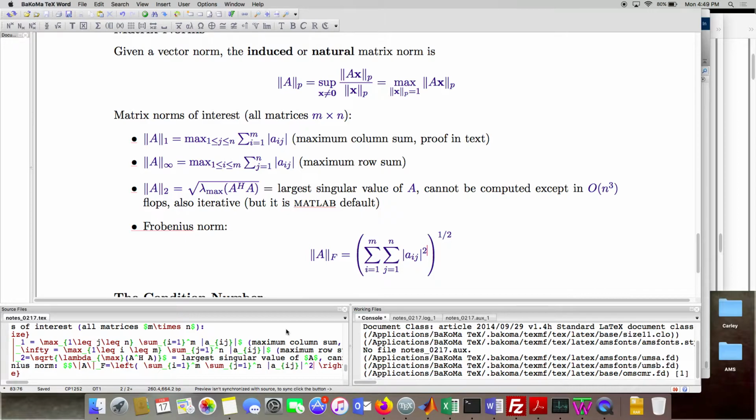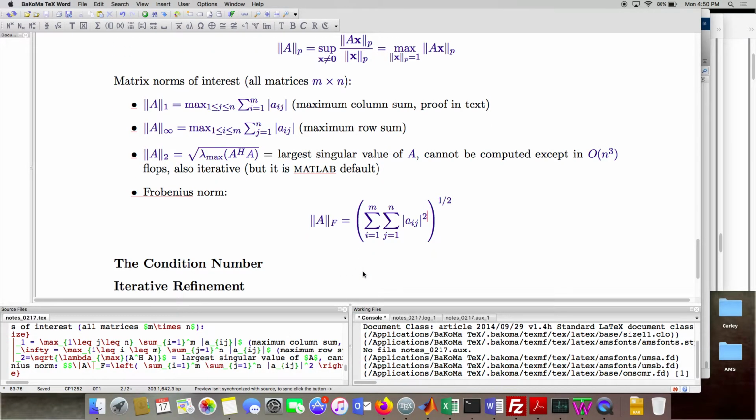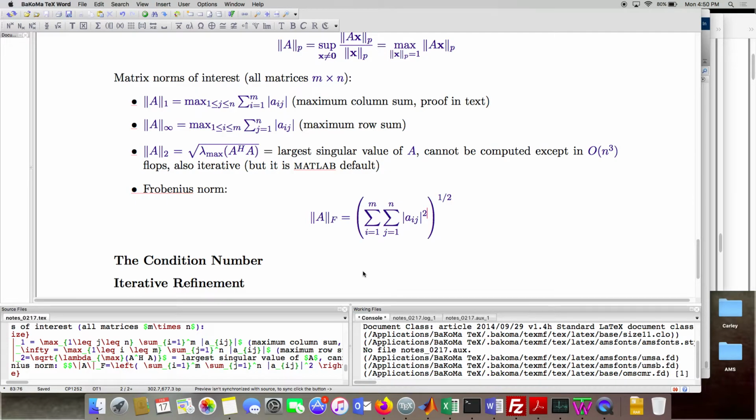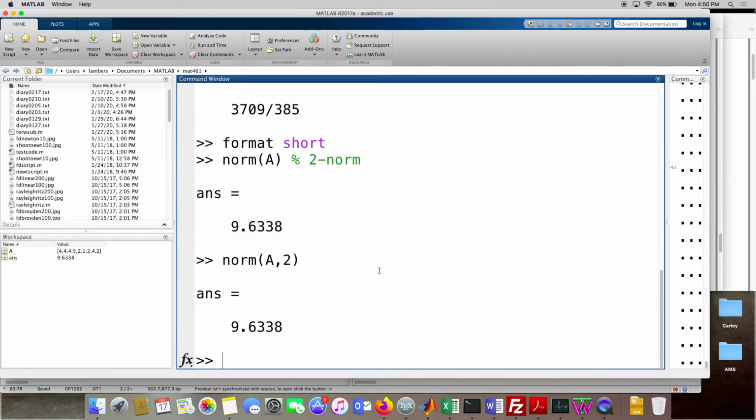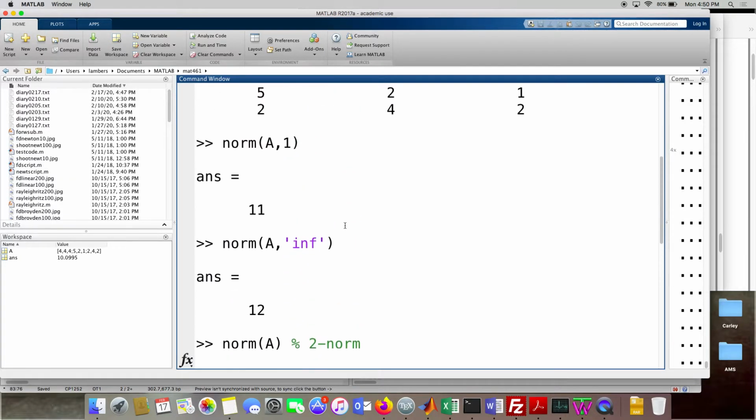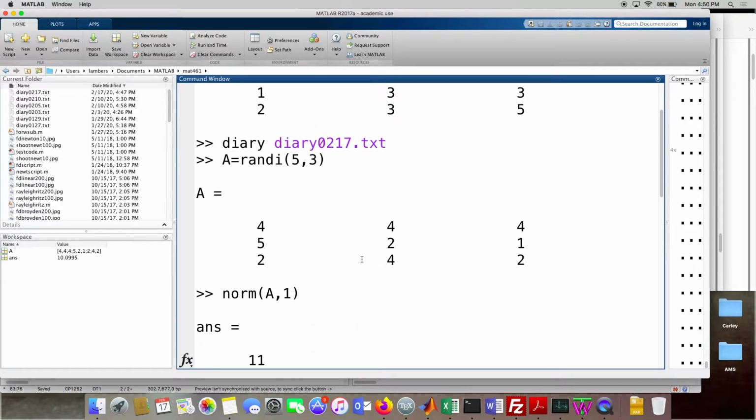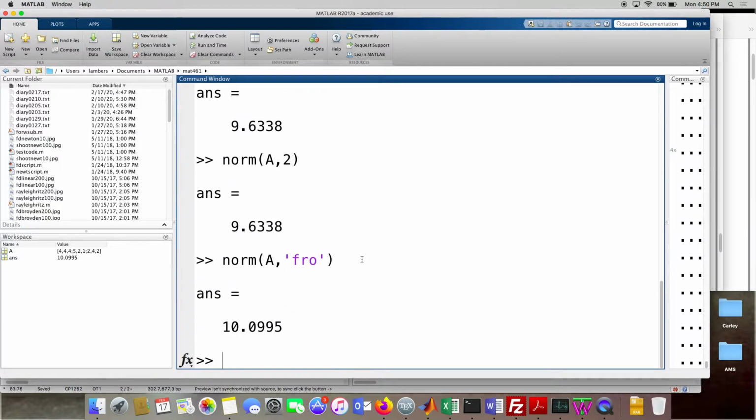So it still does not correspond to the 2 norm at all for matrices, but at least this one can easily be computed. The way you would do that in MATLAB is norm A fro, which takes the sum of squares of all these entries and then the square root of that. So that's the usage in MATLAB.